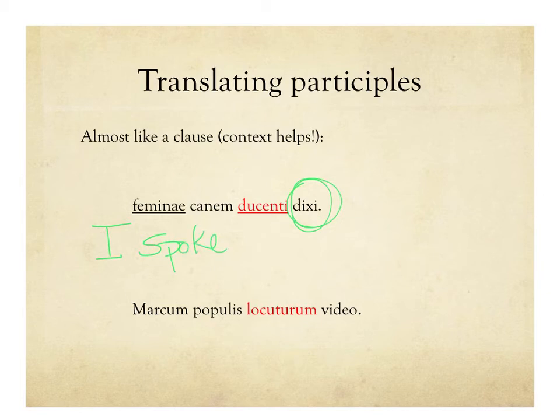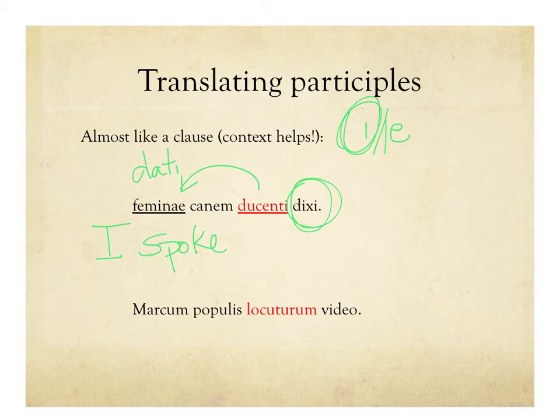Now, feminae could be genitive or it could be dative. Here it's dative singular. And you can see ducenti is also dative singular. It's modifying feminae. Remember we have those forms that are in the ablative that are either I or E. And so it's possible that this could be an ablative, but since the I is also a dative ending, here it probably is.